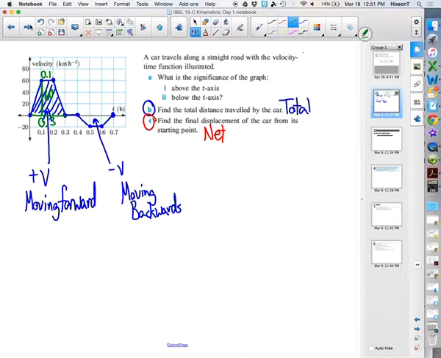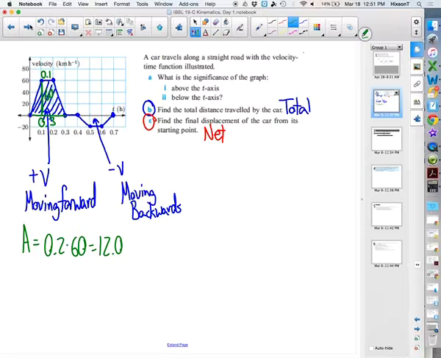Yeah. 1/2 base 1 plus base 2 times the height. In other words, the average of the bases times your height. So the average of point 1 and point 3 is 0.2. So this area here is 0.2 times 60. So that's going to be 1.2. Or I'm sorry, 12. Decimal point in the wrong spot.